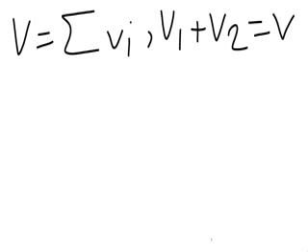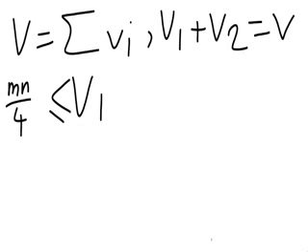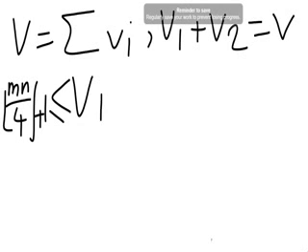Okay, so we are assuming we have two groups, 1 and 2. Each of these groups has n over 2 persons, and so mn over 2 people voting. Now, I want V1 to be the majority of votes, so I need to have this relation, right? So mn over 2 is the number of people in the group, and mn over 4 is half of them. The plus 1 would give me the majority.